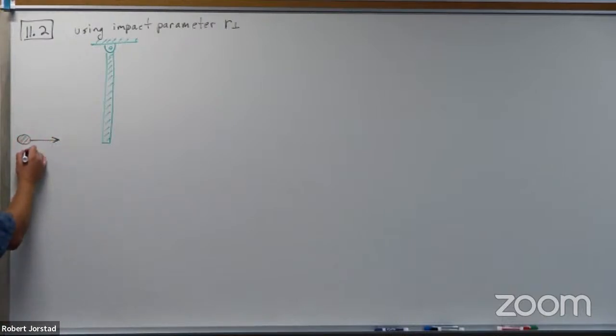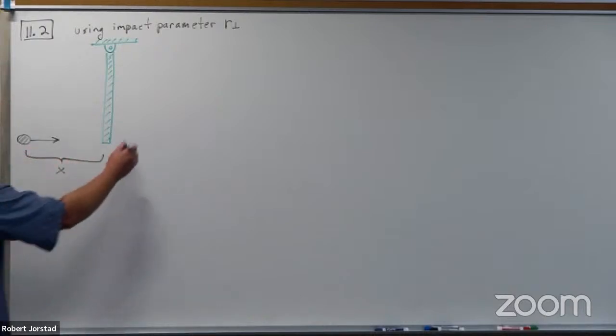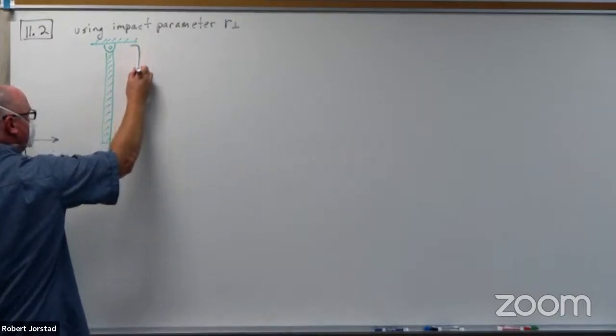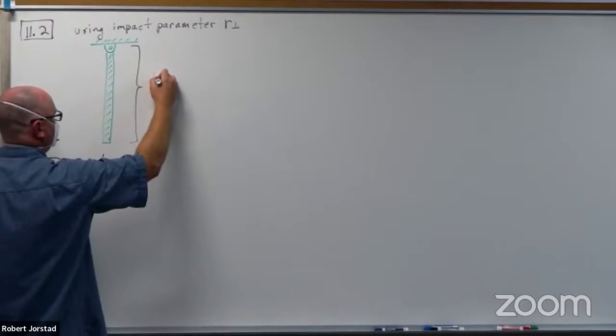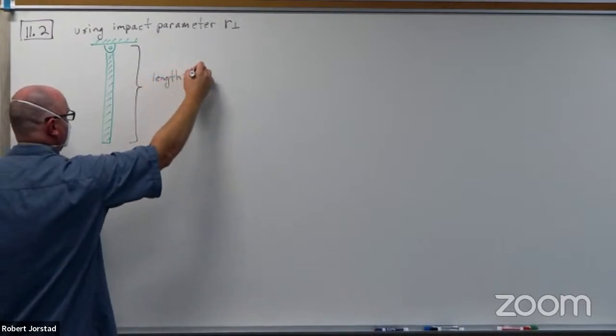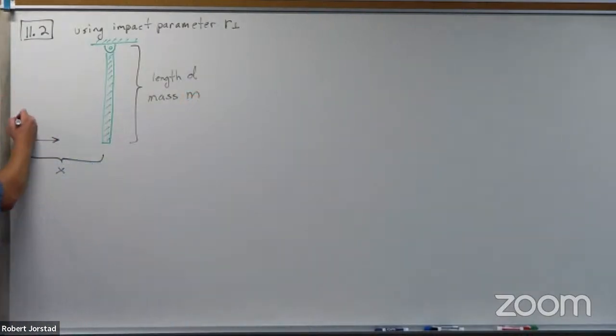And I believe in this problem, we're going to say this distance right here is X. I'm going to say this distance here is D. And I believe this mass has mass m over 2 in the problem, and this has speed v.